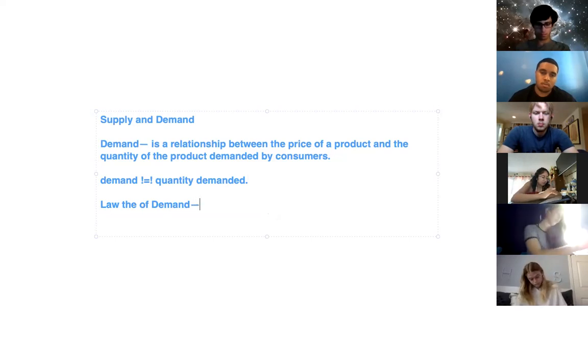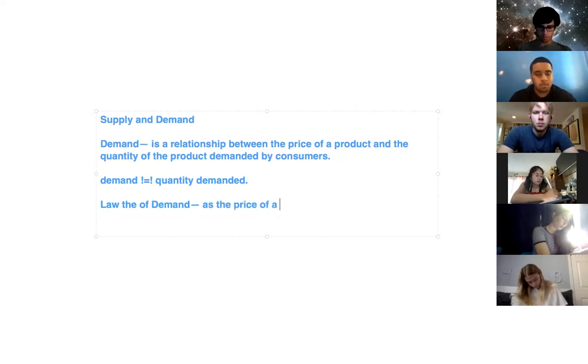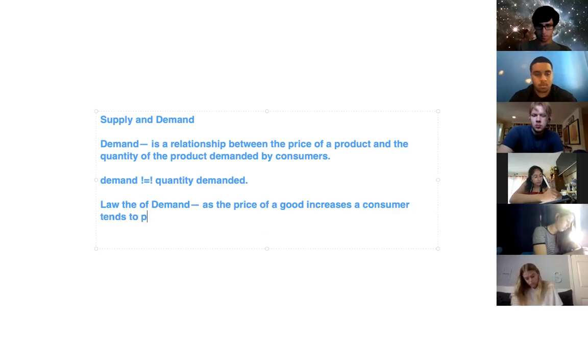And the law of demand simply states that, and I'll do it in a couple different ways because there are a couple different ways to say it. The law of demand says as the price of a good or service increases, a consumer tends to purchase less. That's the easiest way of saying it, right?